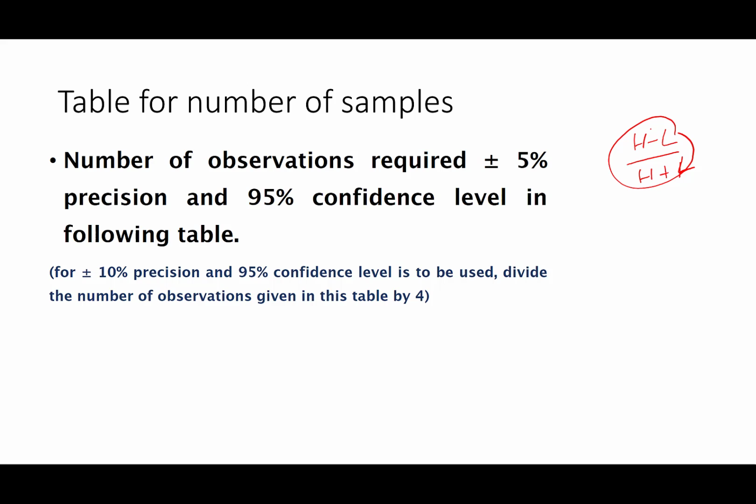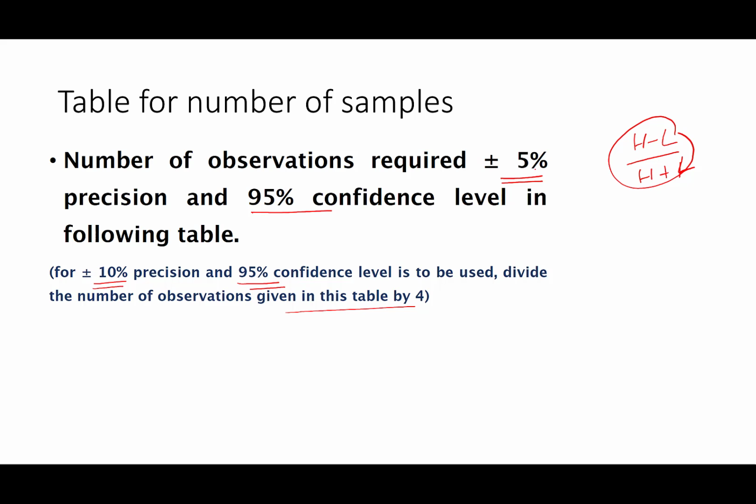That table shows the number of observations to be taken for 5% accuracy and 95% confidence level, and if the precision desired is 10% with a 95% confidence level, then the values given in the table need to be divided by 4. So for 10% precision and 95% confidence level, divide the number of observations given in the table by 4.